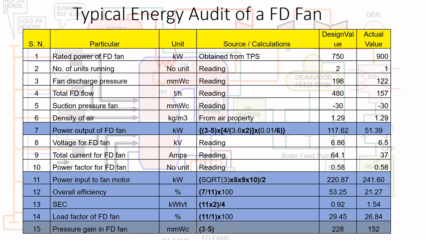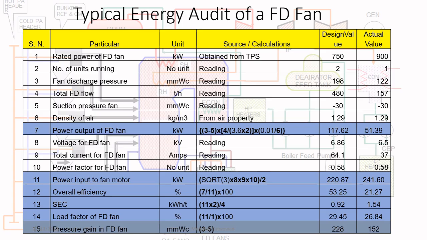You will see here the overall efficiency in particular. The design value is around 53.25 and the actual value is only 21.27 because there is only one fan in service. But still, you can have a typical energy audit of the same.